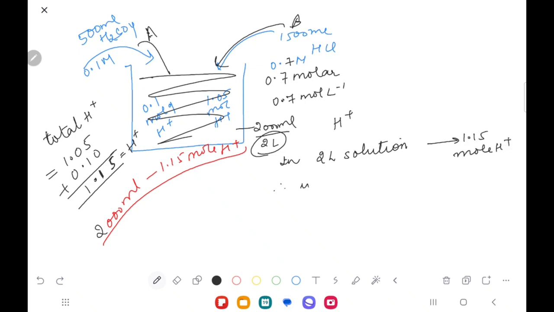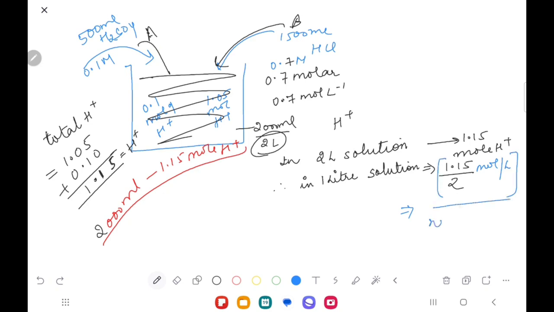So thereby, in 1 liter solution, it is going to be 1.15 over 2, isn't it? Moles per liter. So this is going to be my new H plus ion concentration.